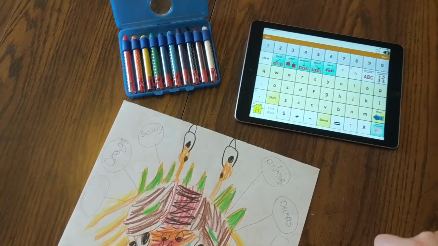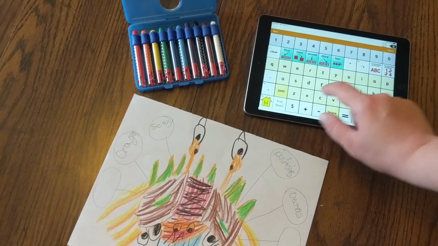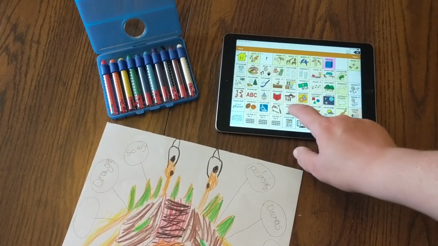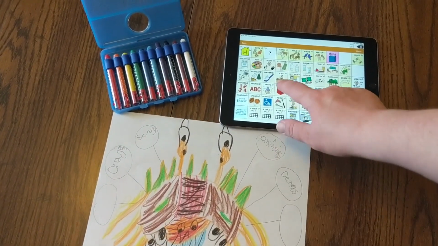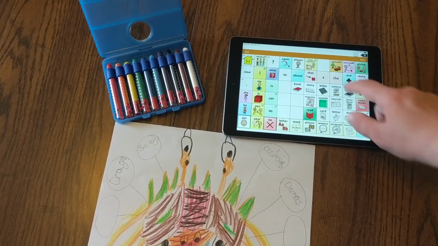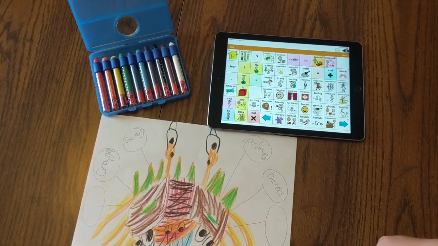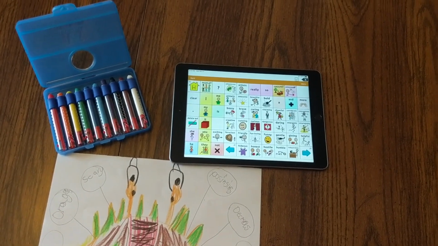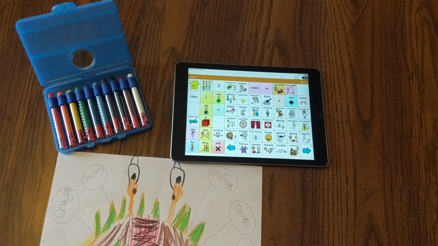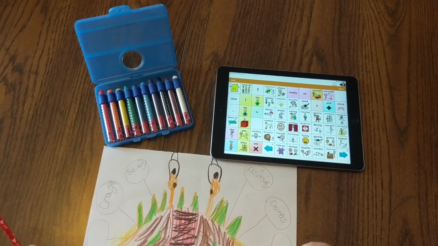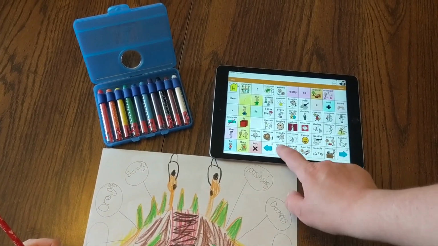Okay, so the word that I was going to use that wasn't in there, but you know what? I'm going to show you guys one more spot that I like to use for adjectives, especially if we have characters. Go to your reading, story concepts, character traits, and there's a lot of characteristics in here that are nice to use. So it has venom cheeks too. Just think about its overall look.